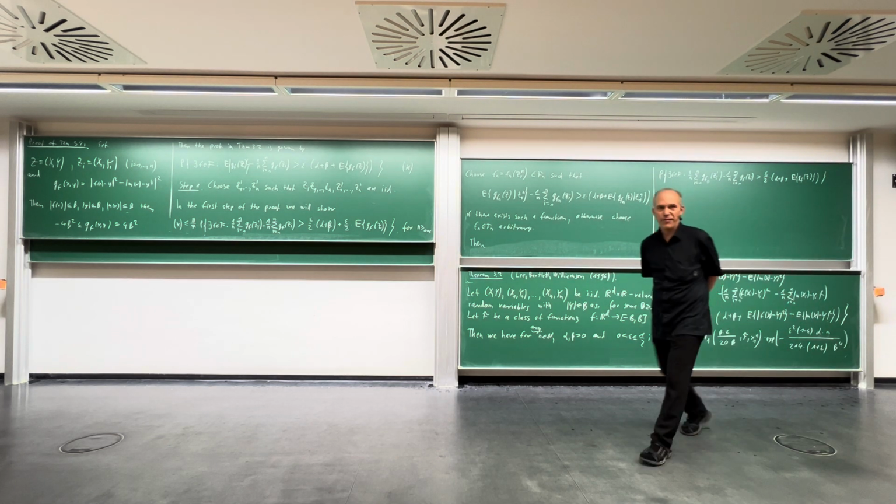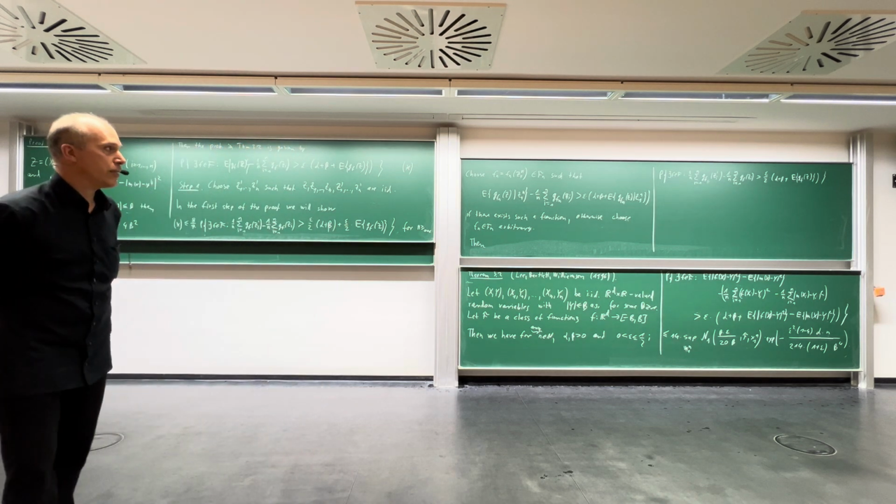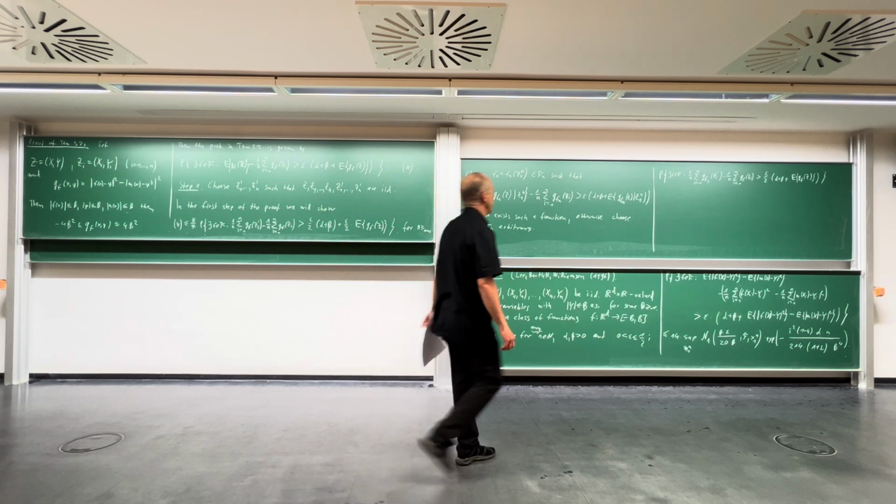Now, because my fn is in F, of course, this probability is greater or equal than if I just replace the f by fn.